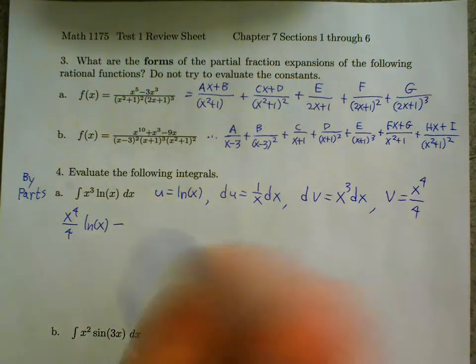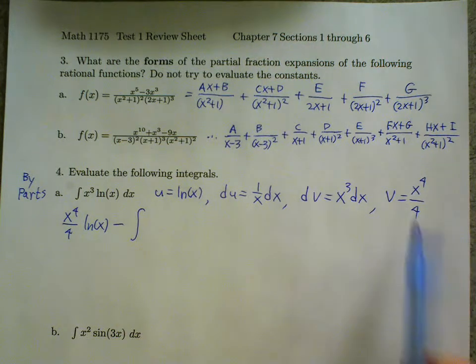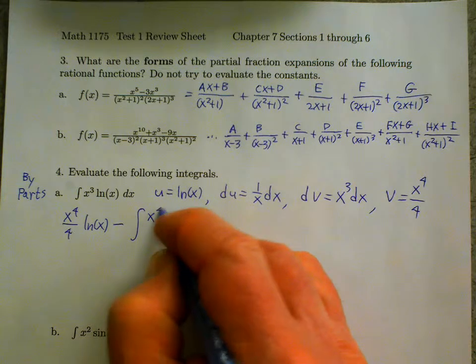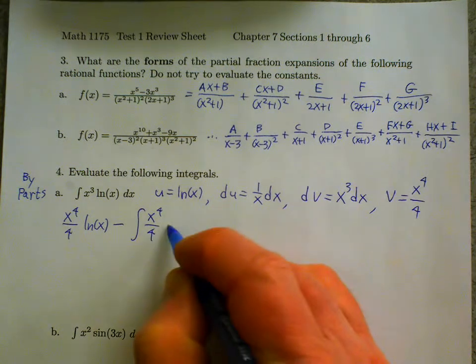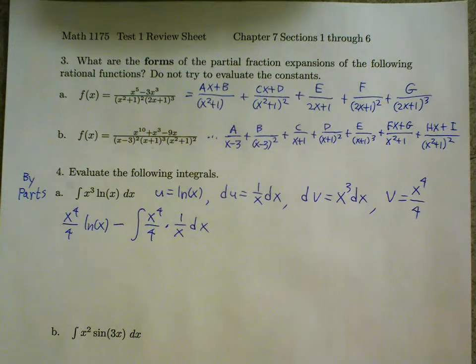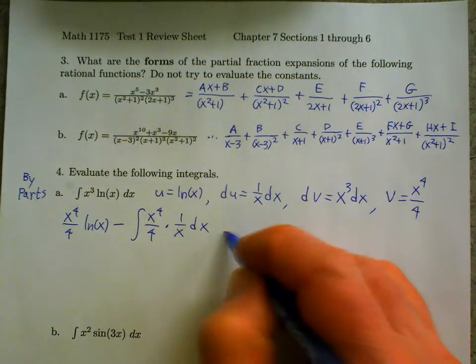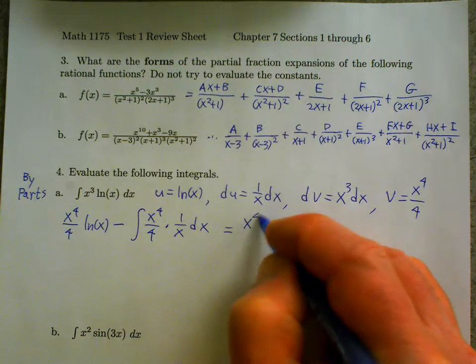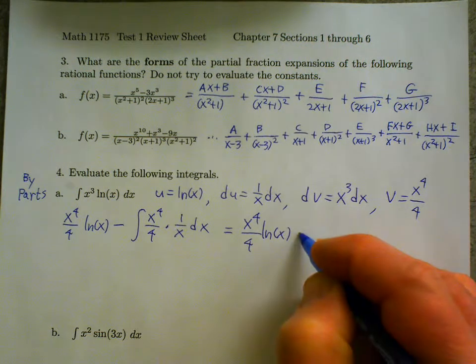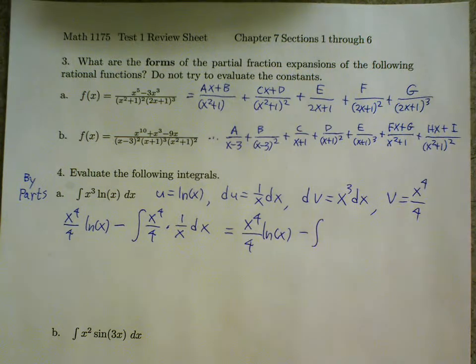And then minus the integral of v times du, so x to the fourth over 4 times 1 over x dx. And you can see this one works out really nicely. So it won't take long to get this one.